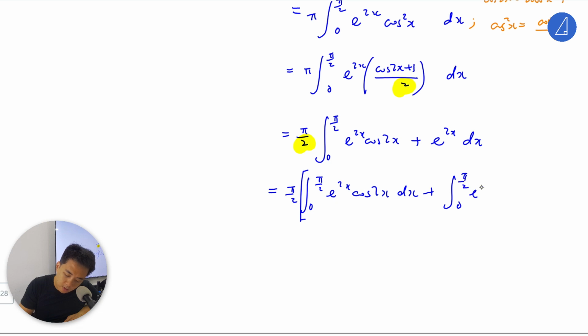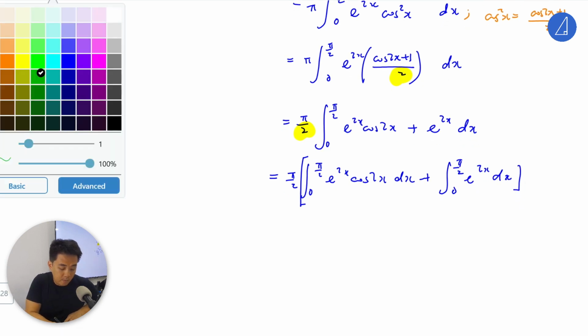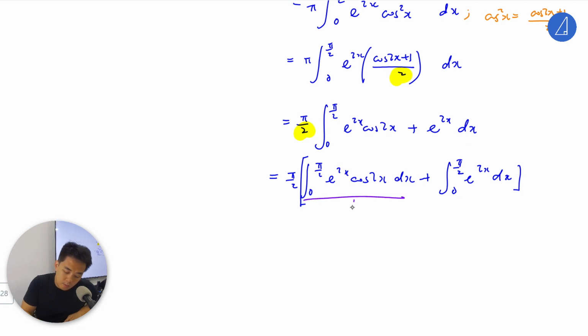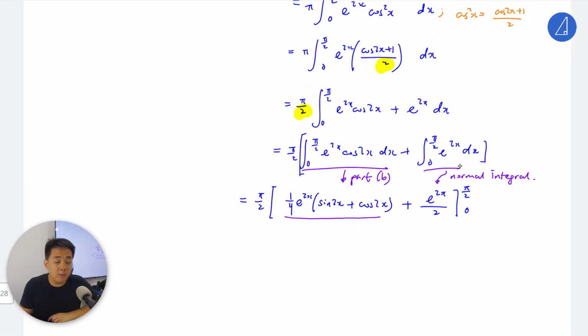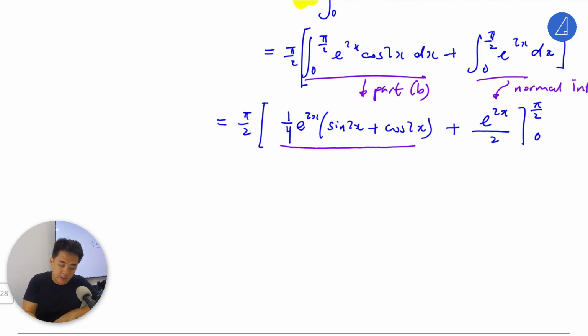I will do e^2x cosine 2x, part B. So the second is just a normal integral, e^2x. So I just group them together because the boundaries are the same. So I'm going to replace it in.